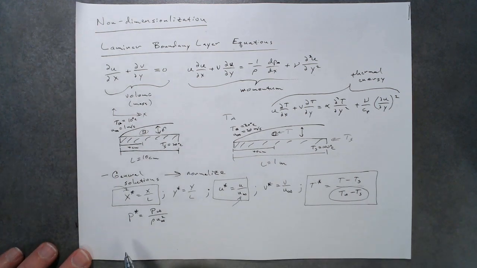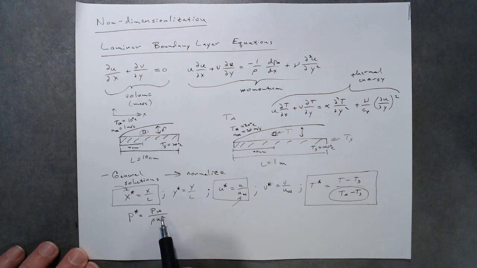Now we have one more variable, and that's the pressure. Now this might be a little less obvious what we can non-dimensionalize with, but if we remember Bernoulli's equation and the relationship between static pressure in the flow, the velocity or the kinetic energy density of the flow, and the elevation of the flow or the hydrostatic head of the flow, then we get an idea that we can normalize against, again, a function of velocity, namely rho times u squared.